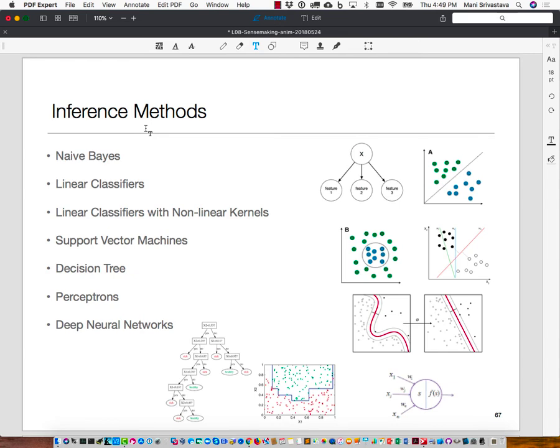So for example, let's say I had some value x, I will also add to my feature vector x squared and x cubed, and now I'll do a linear expression over that. There are more advanced things like support vector machines, decision trees like an if then else, perceptrons, which are kind of a precursor to neural networks, and nowadays all the rage, deep neural networks. And a whole bunch of other techniques which exist out there.